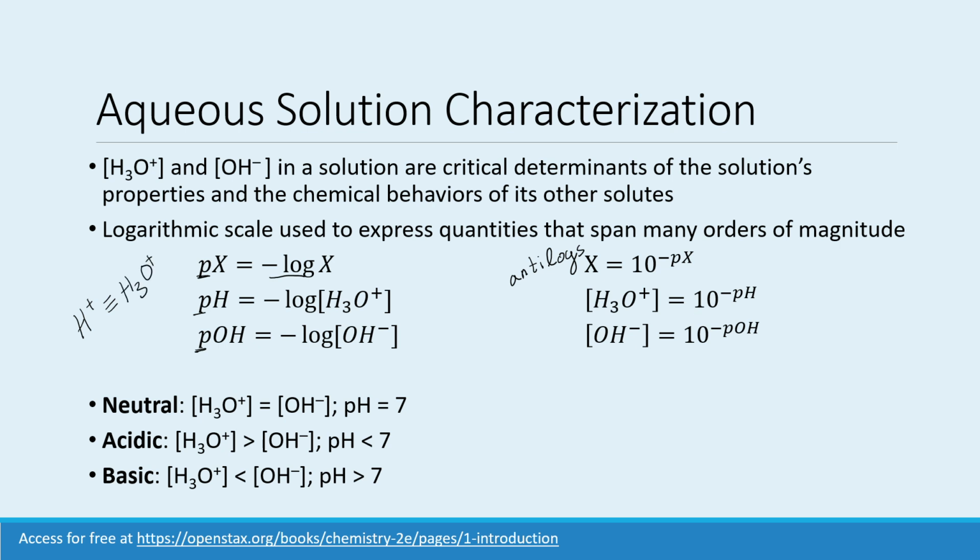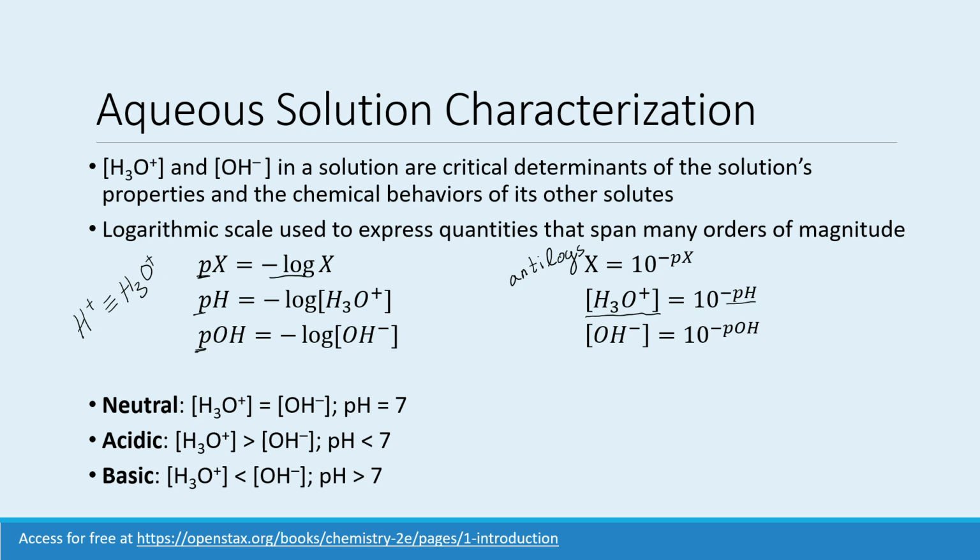And so that's why instead of saying pH3O, we just say pH. And so pH is equal to the negative log of the hydronium ion concentration. And then vice versa, if we have the pH, then 10 to the negative pH gives you that hydronium ion concentration.